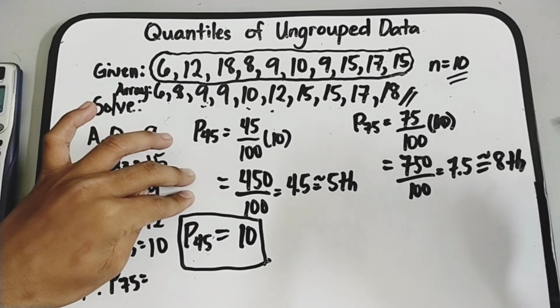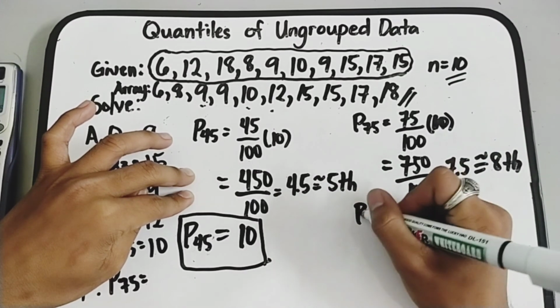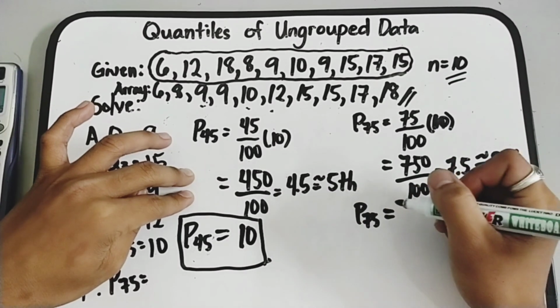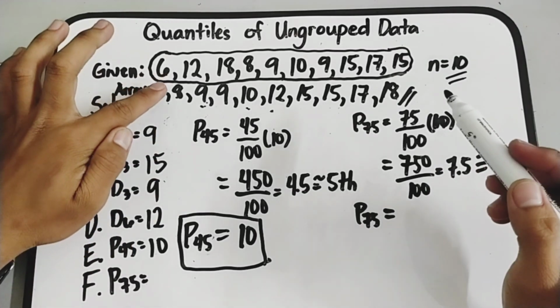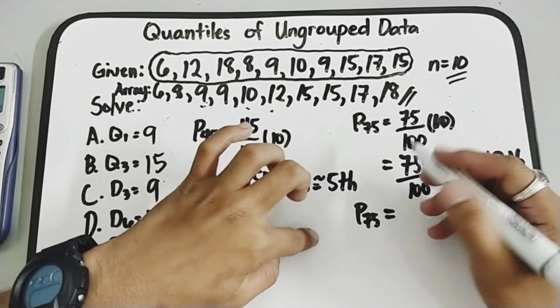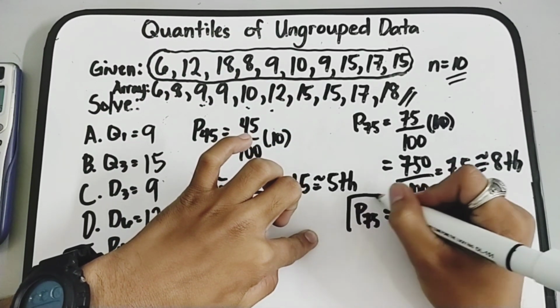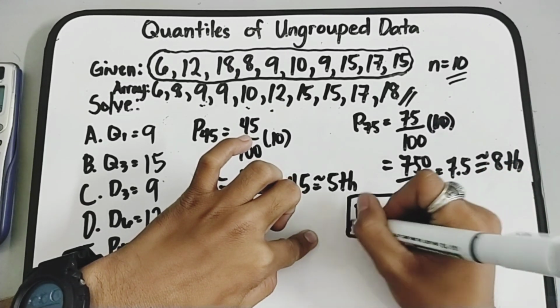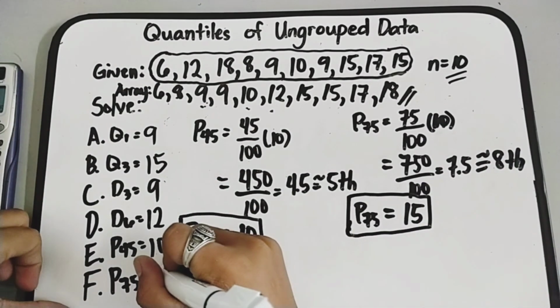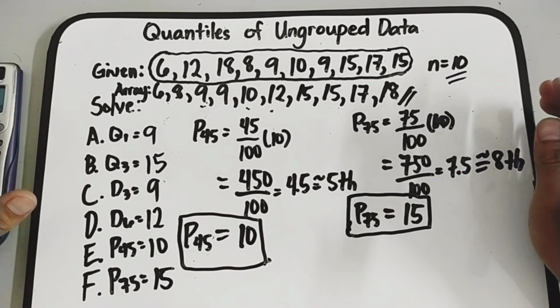Alin ba dyan yung pang 8 sa distribution? That is your percentile 75. So, 1, 2, 3, 4, 5, 6, 7, 8. Your percentile 75 is yung 15. Ayan yung pagkuha ng quantiles of ungrouped data.